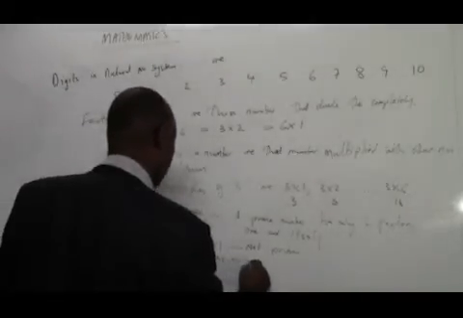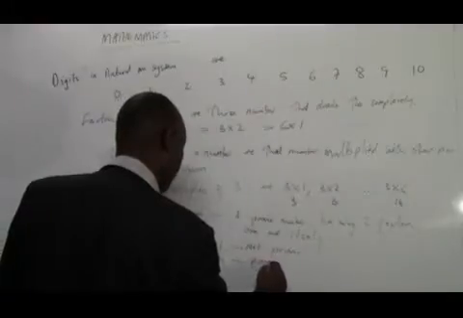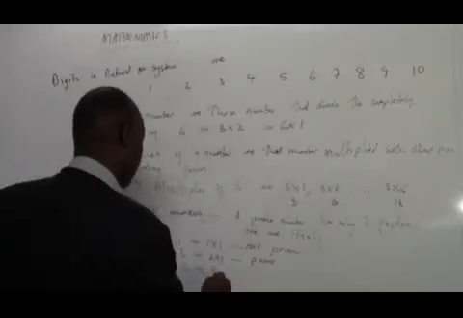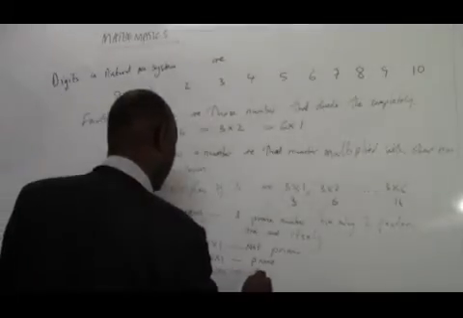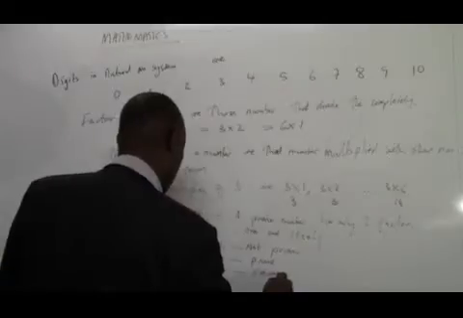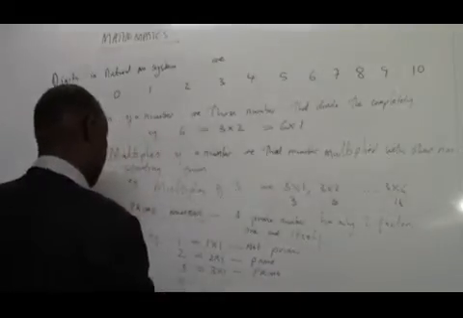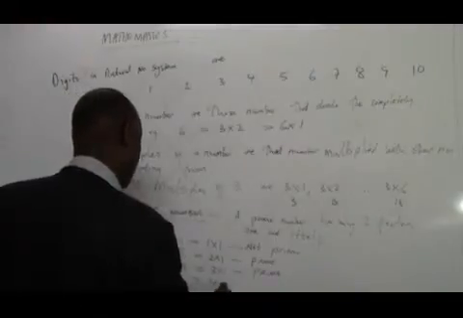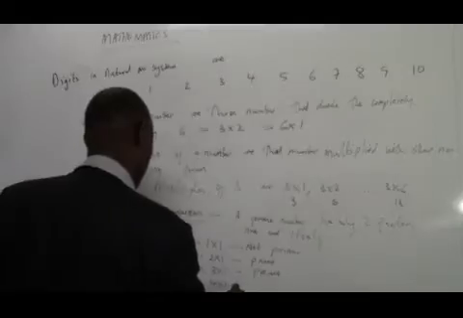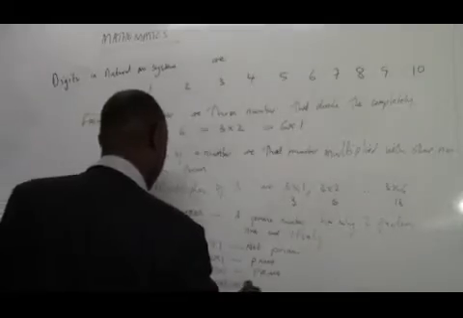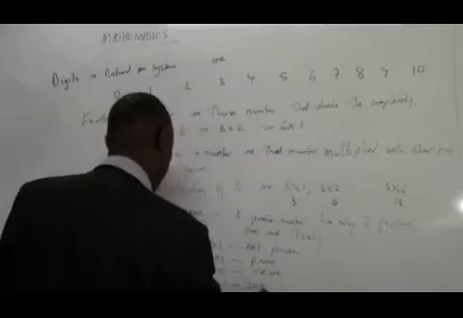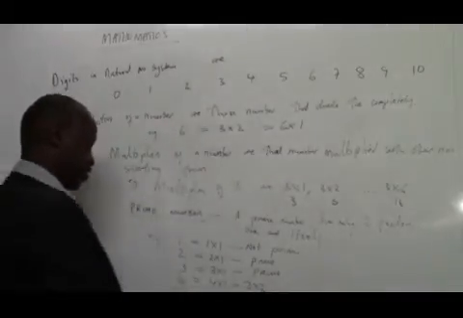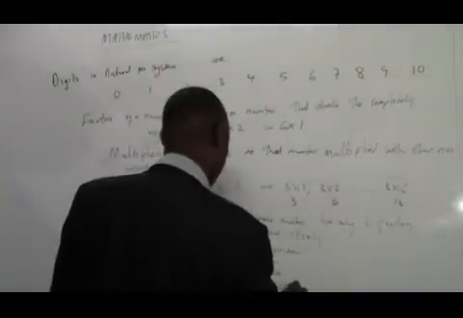So 2 is a prime number. Let's take 3. 3 is also 3 times 1. Therefore it is prime. Let's take 4. How is 4 going to be prime? 4 can be 4 times 1, you can also get 4 as 2 times 2. So 4 has got 3 factors, 2, 1 and 4 itself. So 4 is not prime.